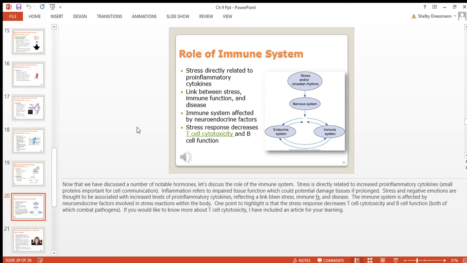So T cell and B cell functions decrease in stress responses, and we need those to fight pathogens if you think about our third line of defense. So stress lowers T and B cell activity, and stress can cause more pro-inflammatory cytokines, which equals inflammation.